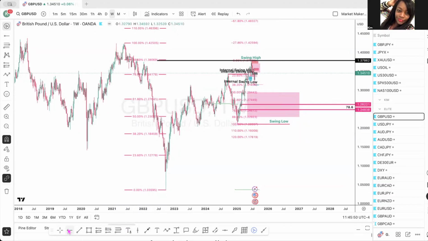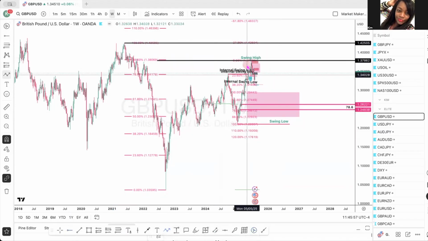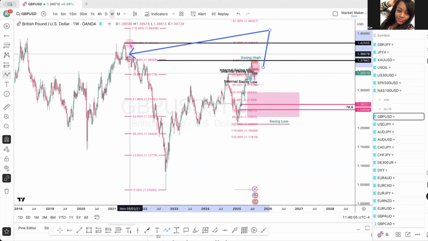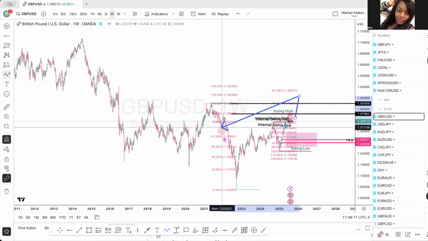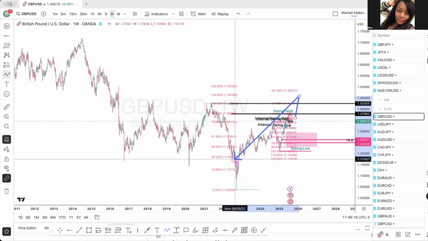If or when price comes up here and closes above, now we are officially shifting structure from this higher time frame structure.